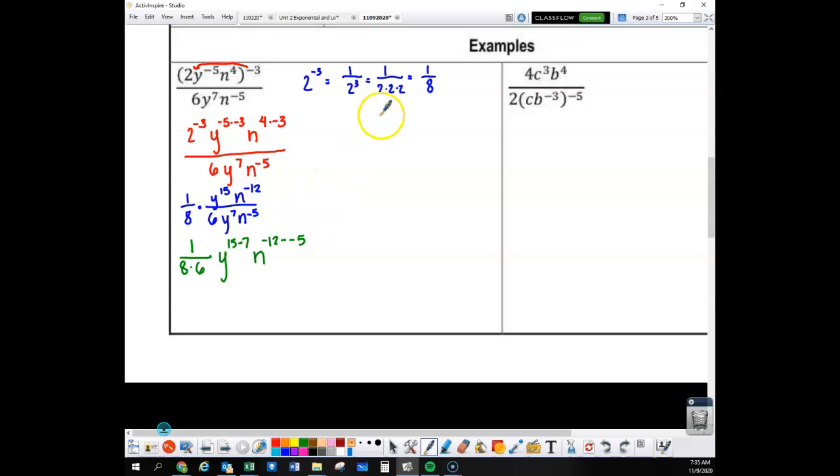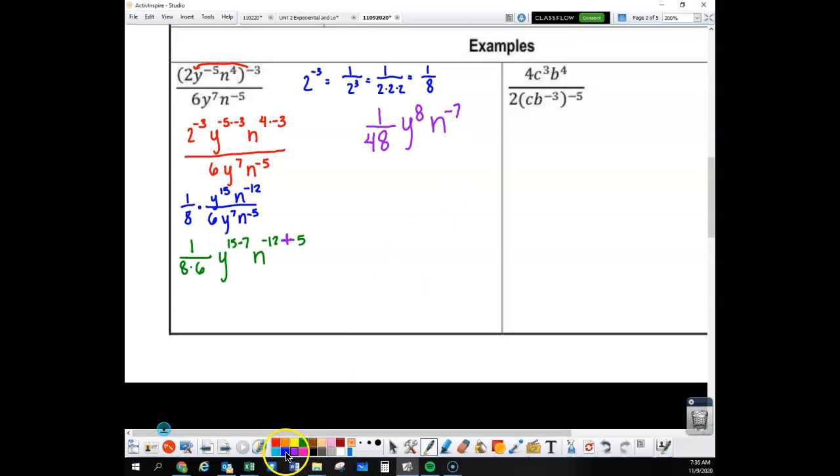Okay, so 8 times 6 is what? 48? And then 15 minus 7, 8. And then -12 minus -5, so I add 5, -7, and to the -7.